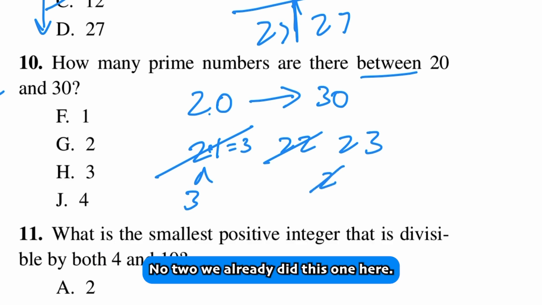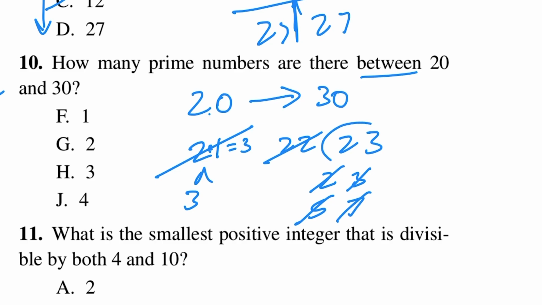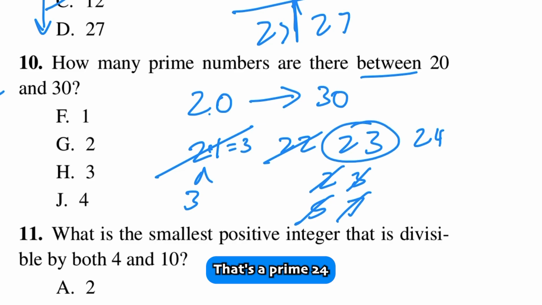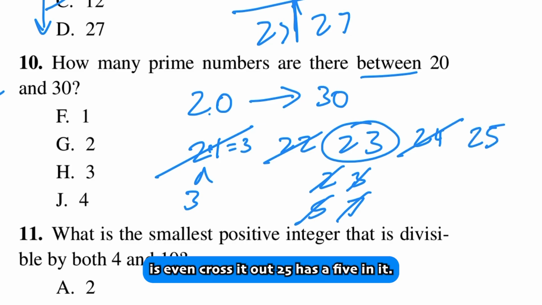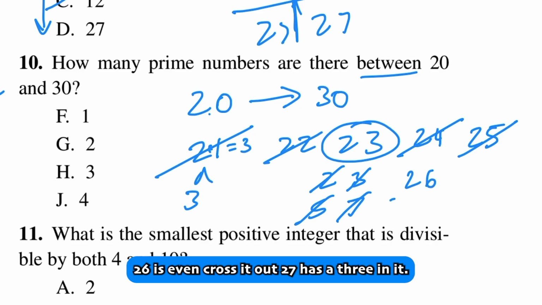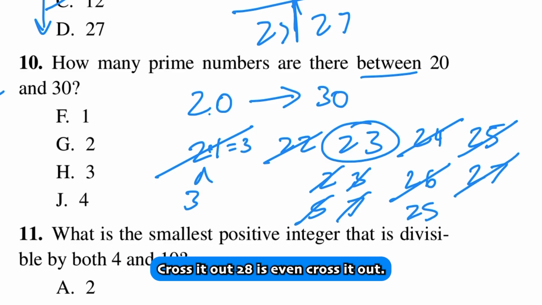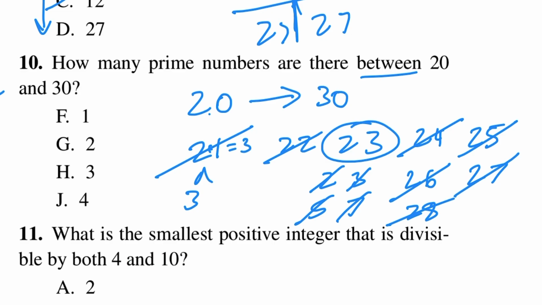We already did this one earlier. No 3, no 5, no 7. That's a prime. 24 is even, cross it out. 25 has a 5 in it, cross it out. 26 is even, cross it out. 27 has a 3 in it, cross it out. 28 is even, cross it out.